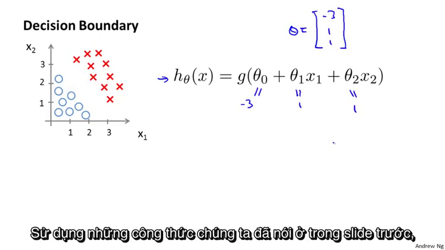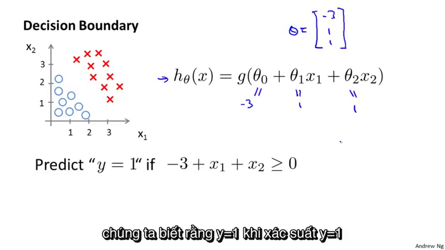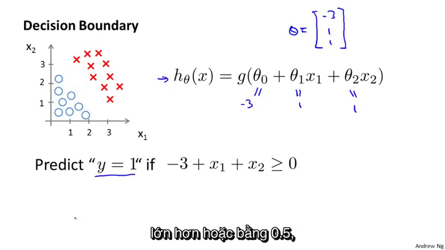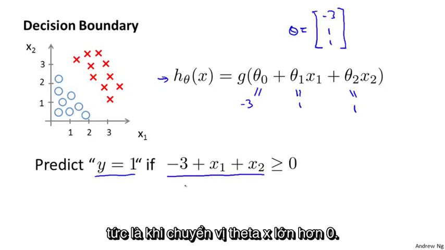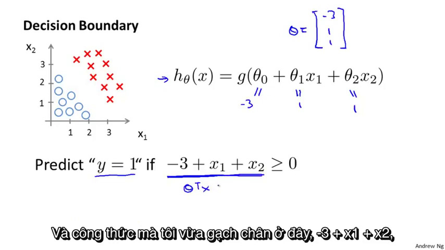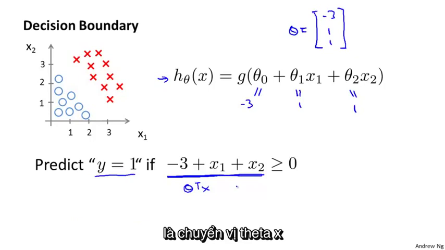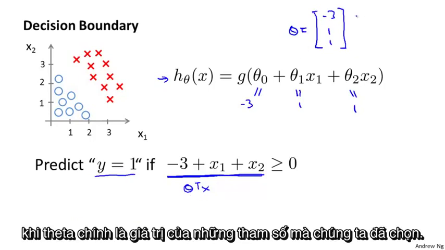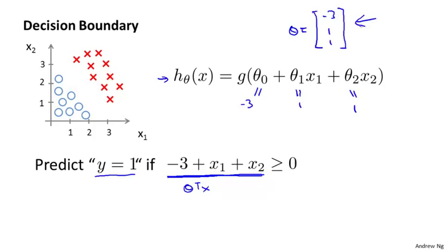Using the formulas that we worked out on the previous slide, we know that y equals 1 is more likely, that is, the probability that y equals 1 is greater than or equal to 0.5 whenever theta transpose x is greater than 0. And this formula that I just underlined, minus 3 plus x1 plus x2, is, of course, theta transpose x when theta is equal to this value of the parameters that we just chose.